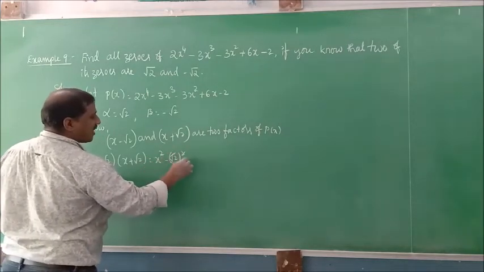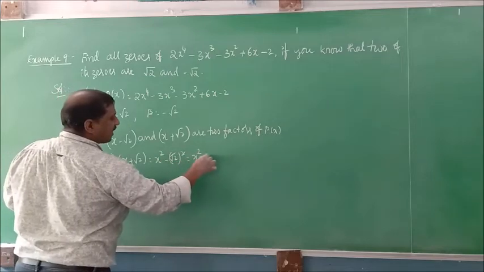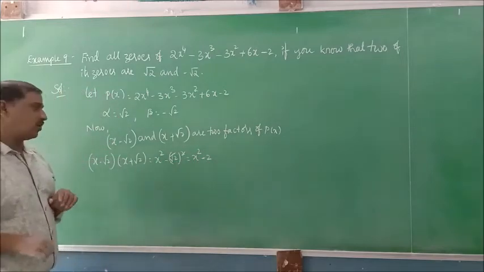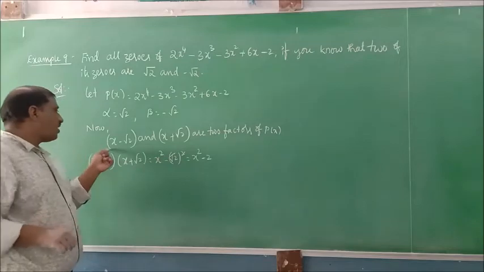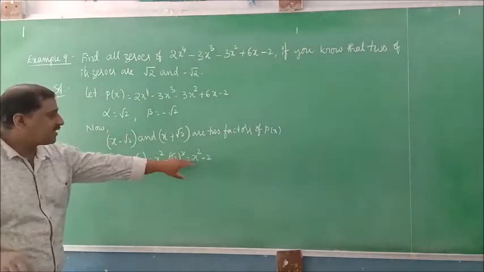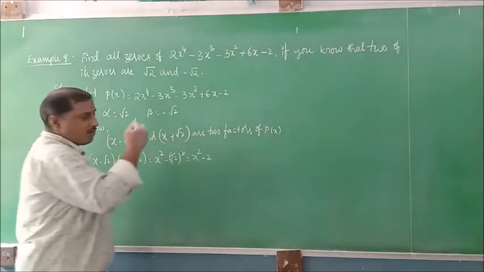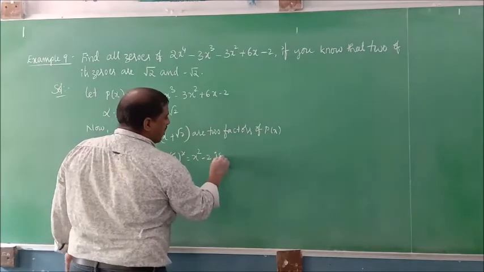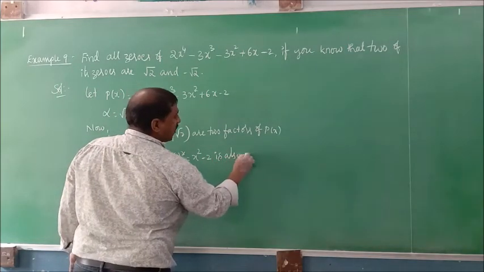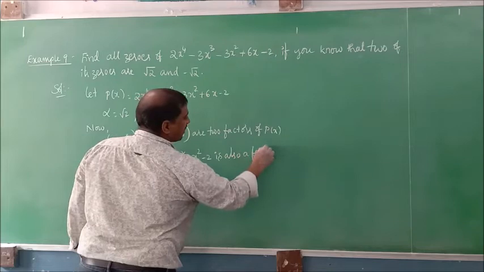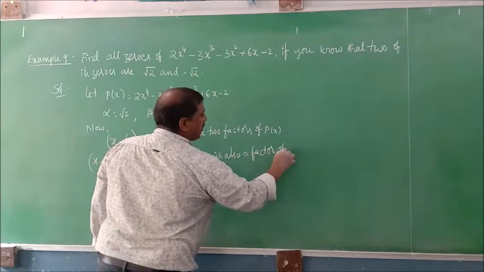Square and square root cancel, we get x square minus 2. x square minus 2 is the product of the two factors. This product is also a factor of p of x.